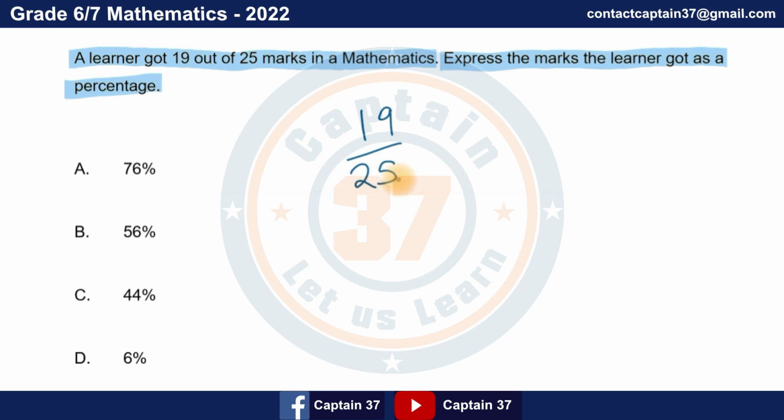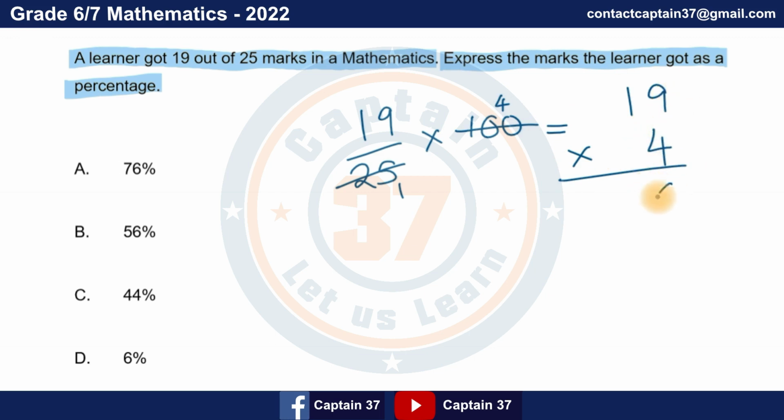To convert this or express it as a percentage, you multiply it by 100 because the percentage is over 100. So 25 into 25 is 1. 25 into 100 is 4. So now we need to multiply 19 by 4. 4 times 9 is 36.